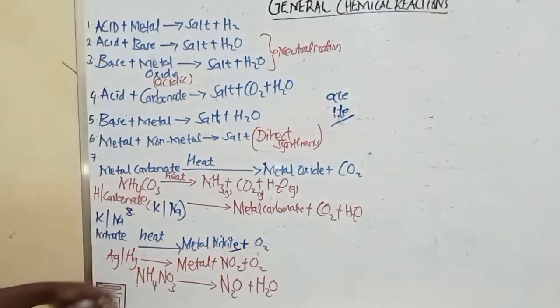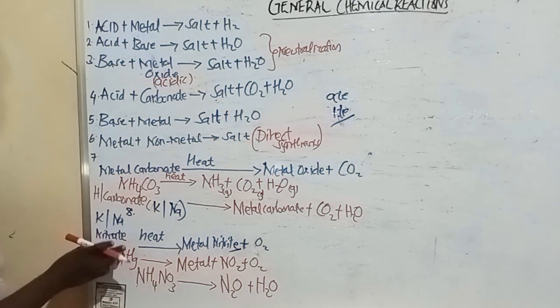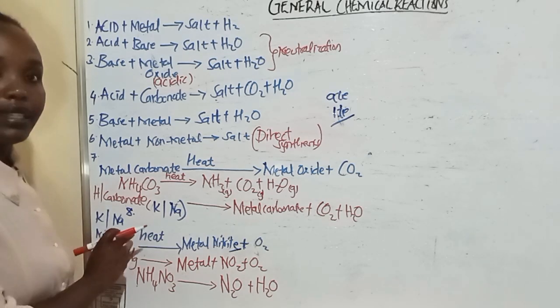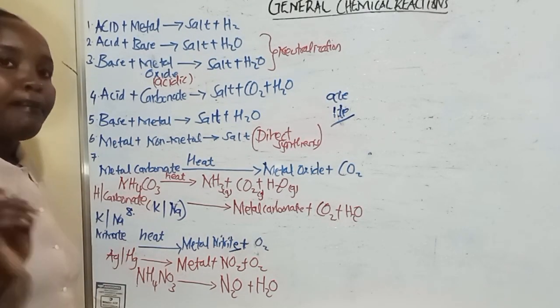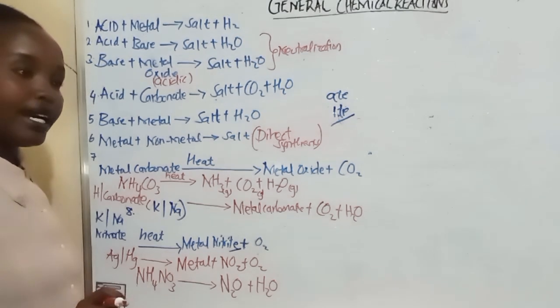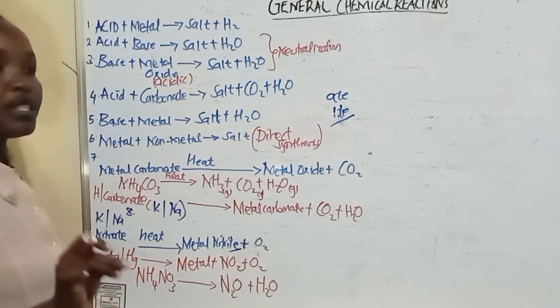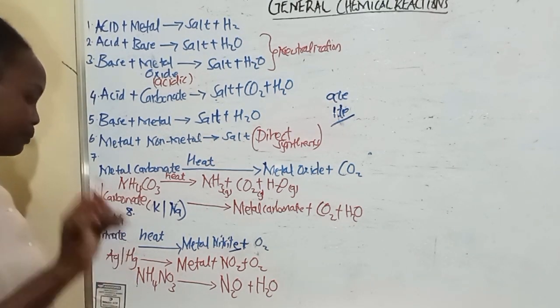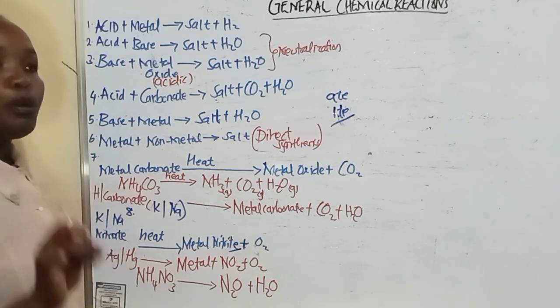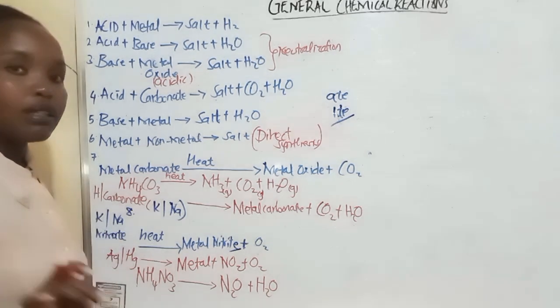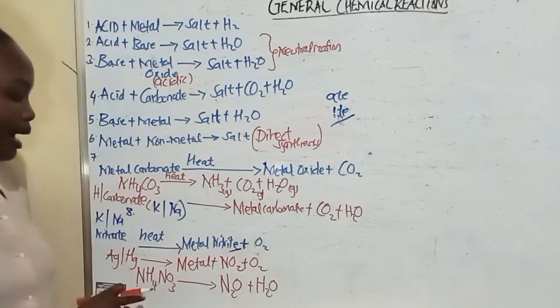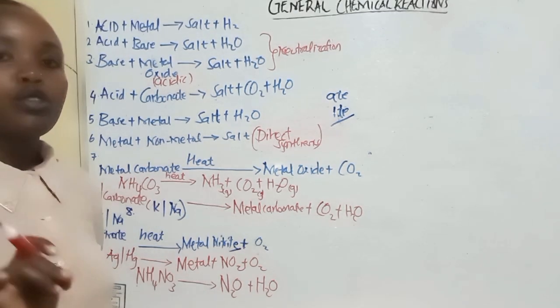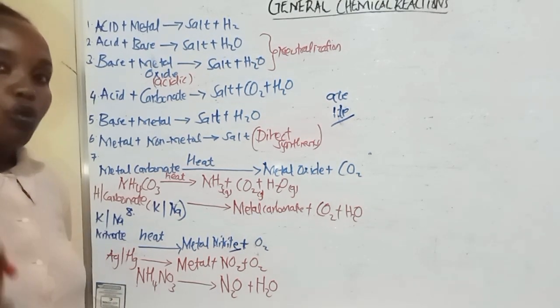Now, we've talked about metals which are high in the reactivity series, that is sodium and potassium nitrate. You form metal nitrite plus oxygen gas. When you heat silver nitrate or mercury nitrate, you're going to form your metal plus nitrogen 4 oxide plus oxygen. When you heat ammonium nitrate, you form nitrogen 1 oxide and water.